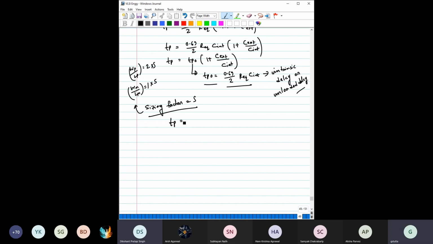Okay, now if sizing factor is S, then we want to estimate what would be the value of this TP. Can anyone tell me what would be the value of TP? Because I think we have done enough discussion on this.